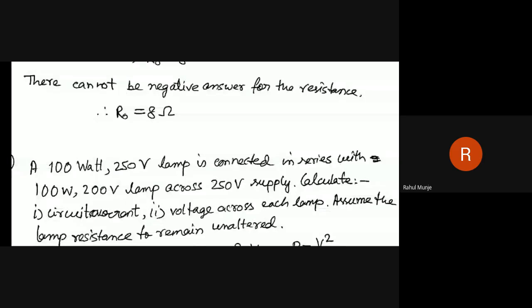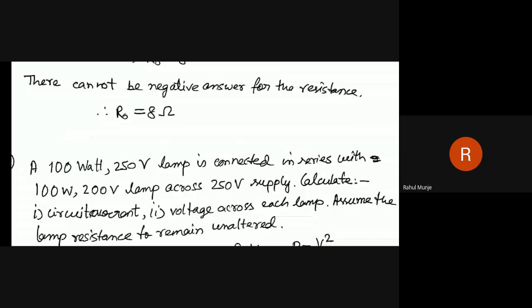A 100-watt 250-volt lamp is connected in series with a 100-watt 200-volt lamp across a 250-volt supply. So again, there are two lamps. The first lamp is 100-watt 250-volt, and the second lamp is 100-watt 200-volt.